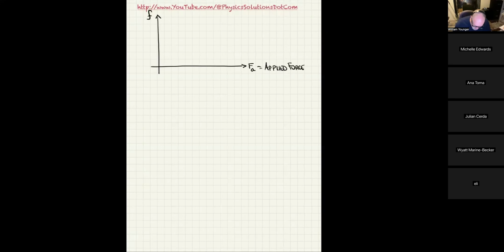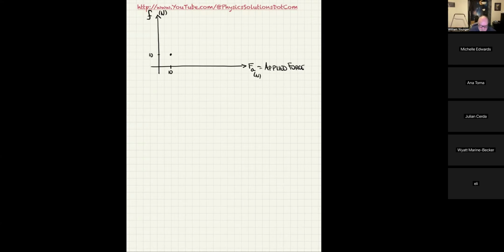But the main thing we're wanting to say about this is if you imagine, for instance, you applied a force of, let's say, 10 newtons, and we're going to say this is measured in newtons and this is also measured in newtons, then what you'll discover is, in fact, this would also be 10 newtons.